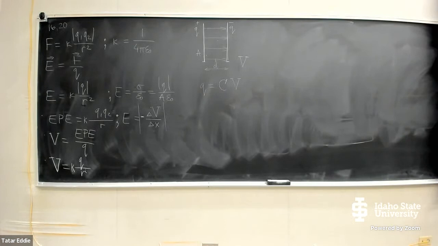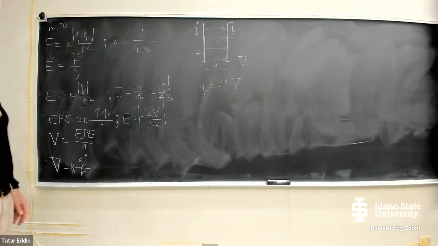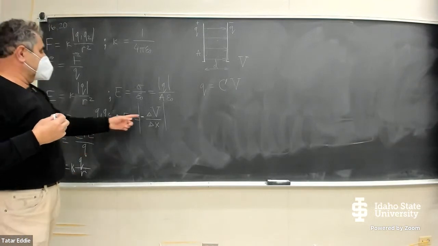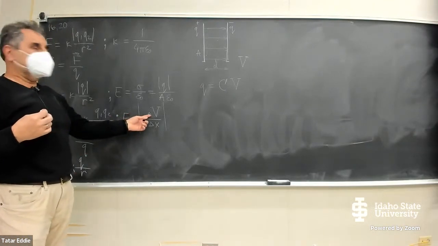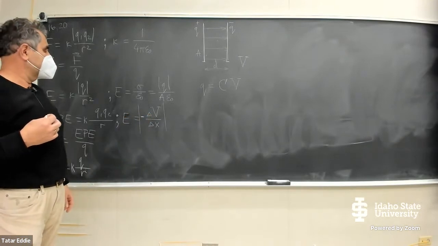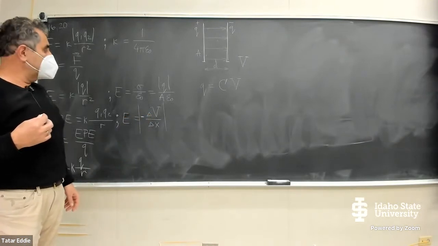Okay, knowing all of this, we can find the capacitance of a parallel plate capacitor, the capacitor that is drawn on the board. How to do it? Well, we said that we're skipping the delta symbol.